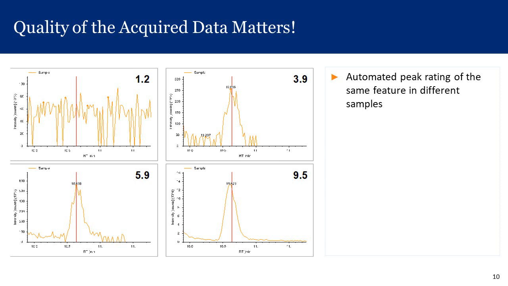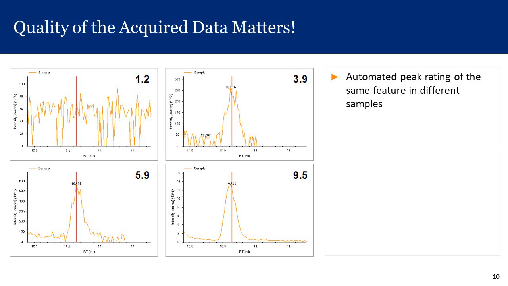On the top left, you don't really see anything, which is kind of the point. You see this very zigzaggy line that is just noise. And then when you go to the right, there is somewhat what we would call a chromatographic peak. At the bottom left, this peak is even a bit more clear. And then when you go to the right, you can see this is really a clear peak.